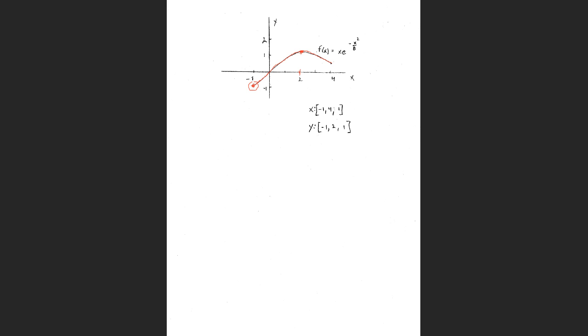Because in order to have a local minimum, you would need to have this part of the function. I'm not saying the function does that, but you would need the domain of the function to include that blue part there.